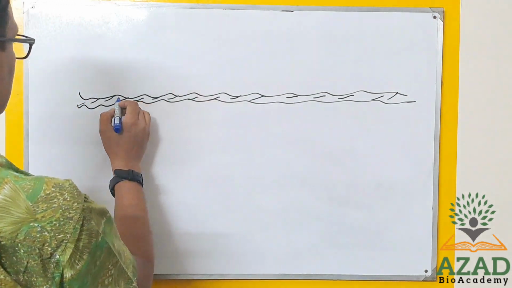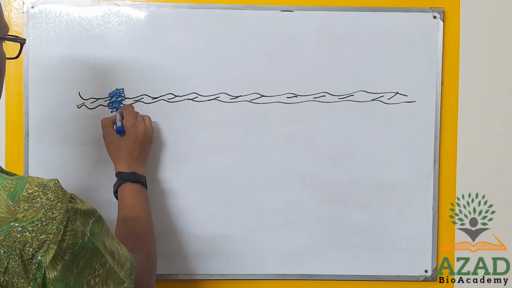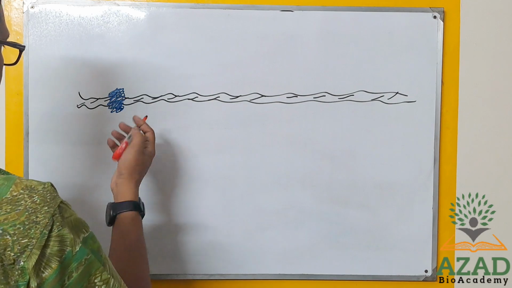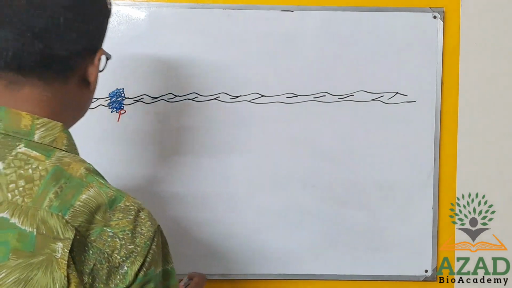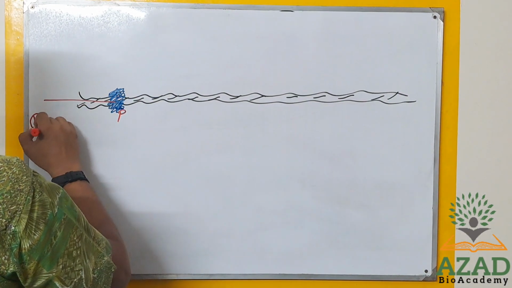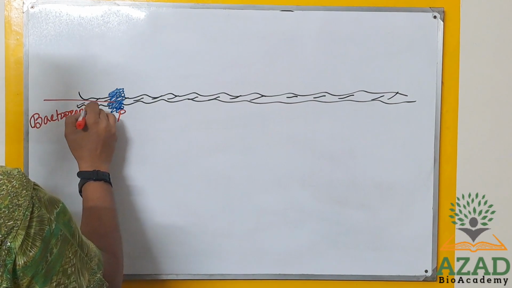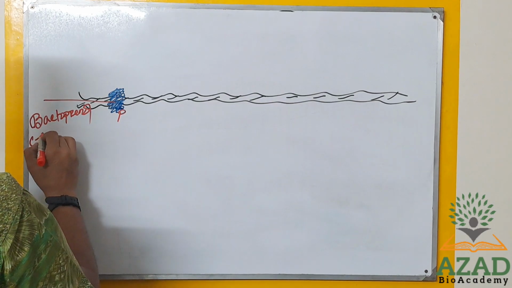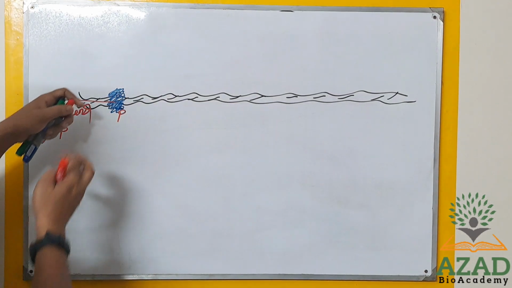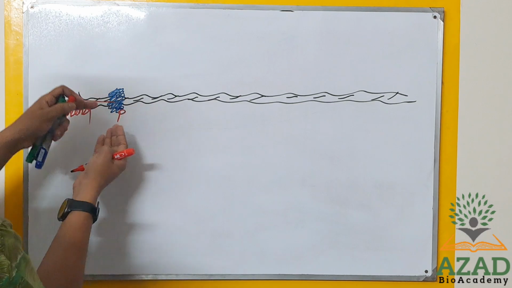So in the membrane, it will carry a specific type of lipid, and that lipid initially carries 1 phosphate. Okay, so this lipid name is called bactoprenol. Bactoprenol. You can also say C55P. That is, a 55-carbon lipid, which is carrying 1 phosphate.